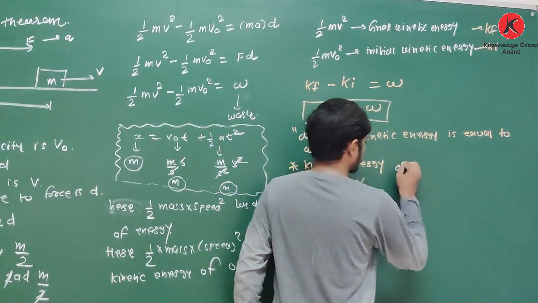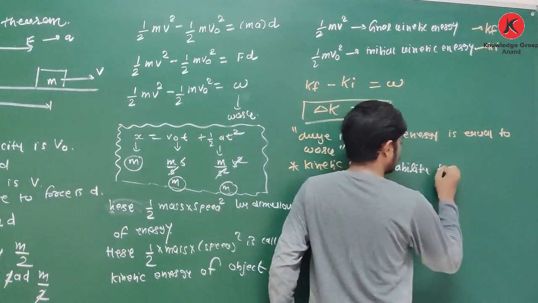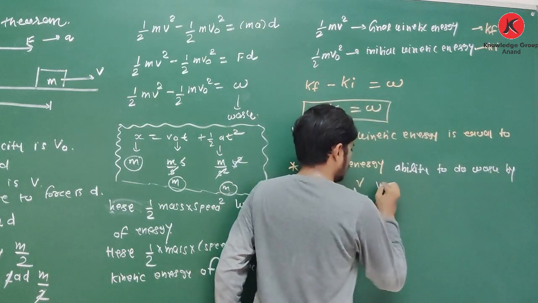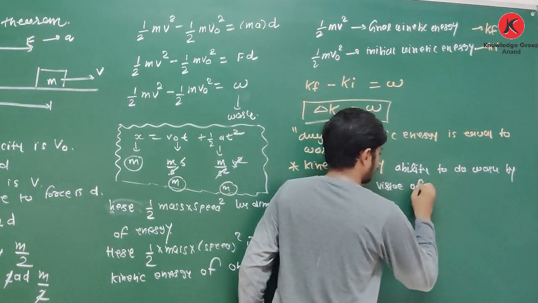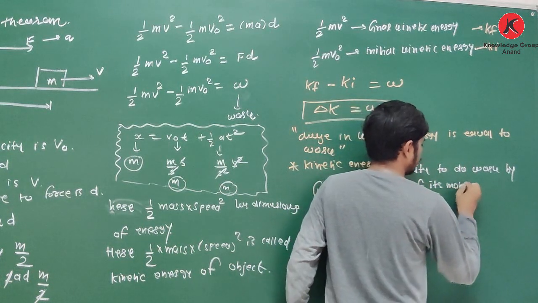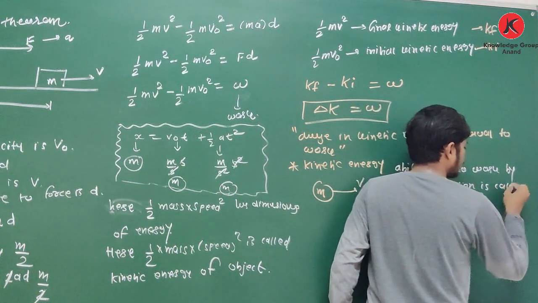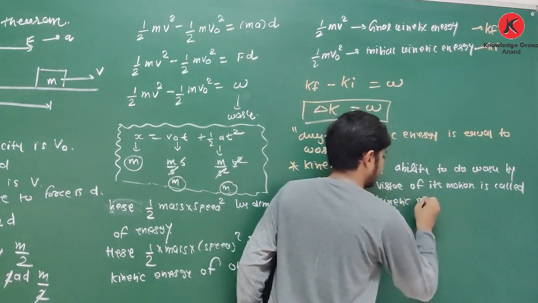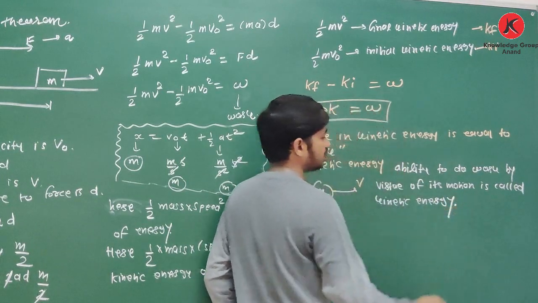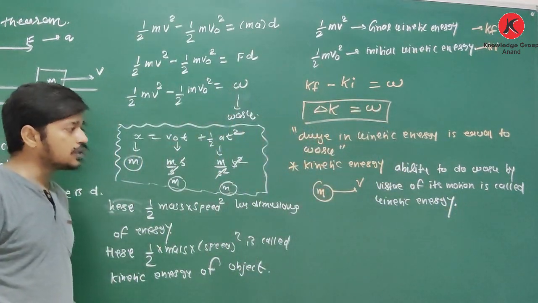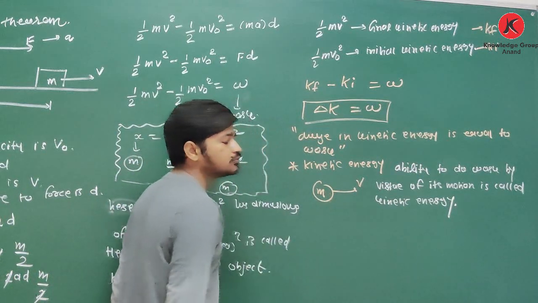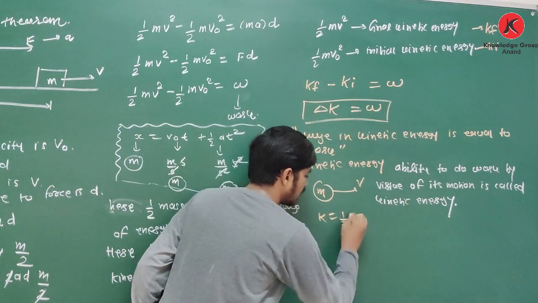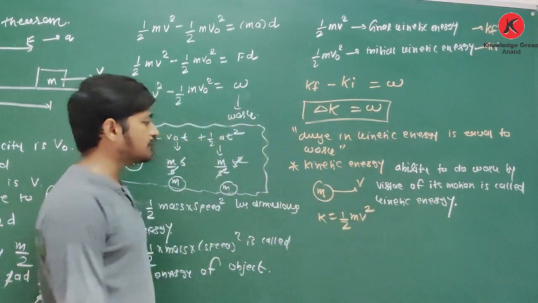Clear? And what is the equation of this kinetic energy? If we have an object of mass m moving with speed v, then its kinetic energy K is equal to half mv square.